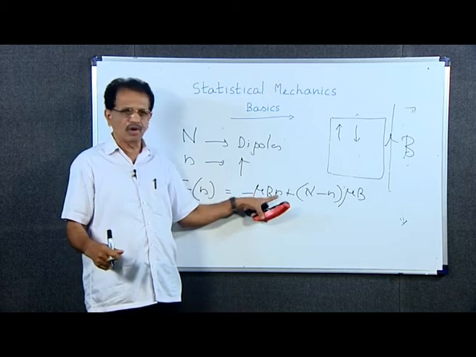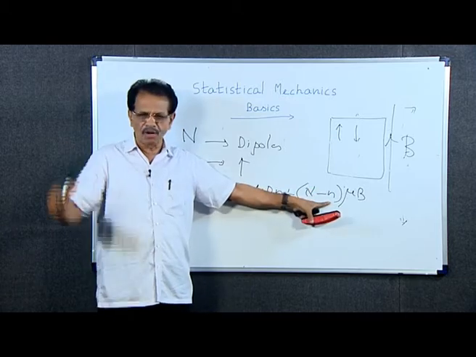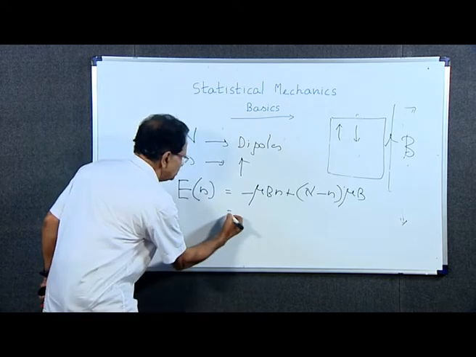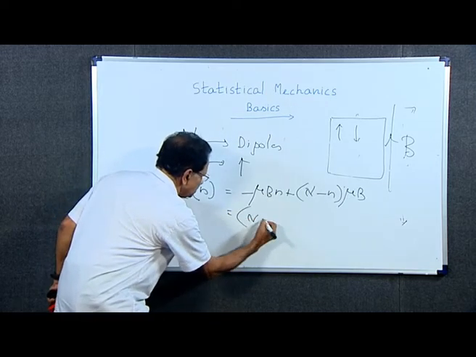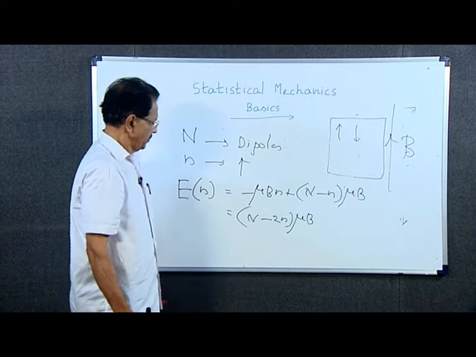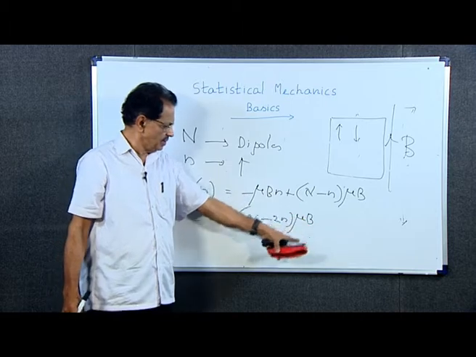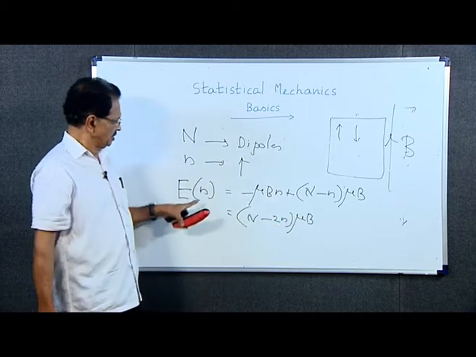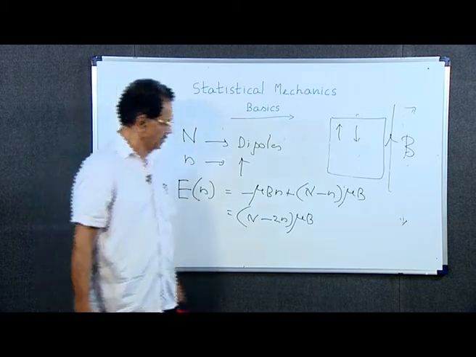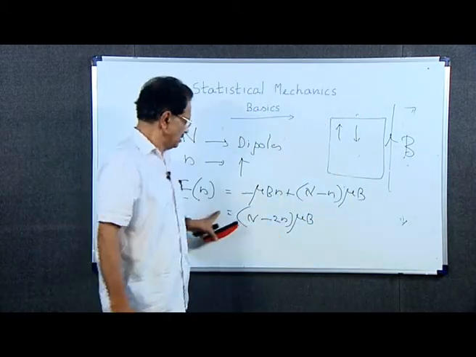So minus mu B times small n for those aligned parallel to the field, and the remaining N minus n dipoles are aligned opposite to the field, so N minus n times mu B. So the total energy becomes, from this expression, (N minus 2n) mu B. Here mu is a constant. If I am applying a constant magnetic field, naturally energy is a function of only small n. That is why I have represented it like this: E is a function of small n. That is the macroscopic state, the energy E.